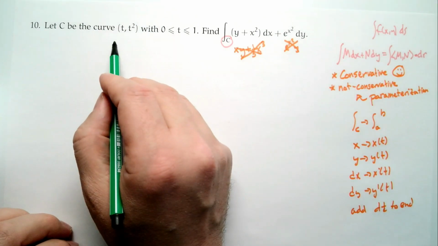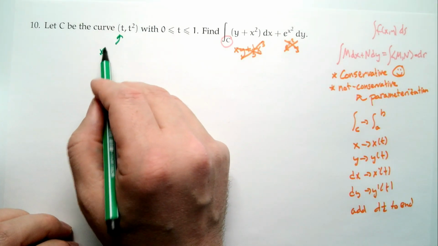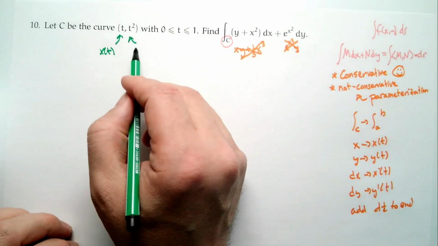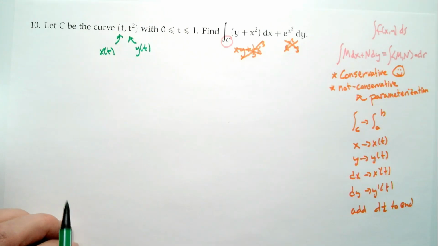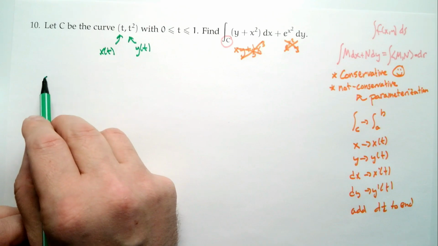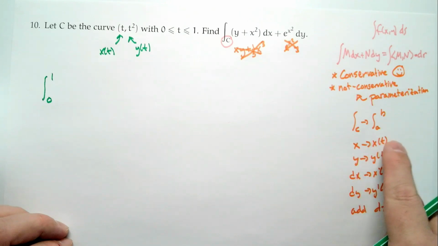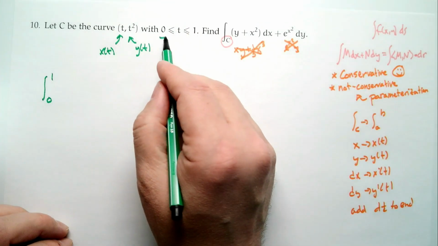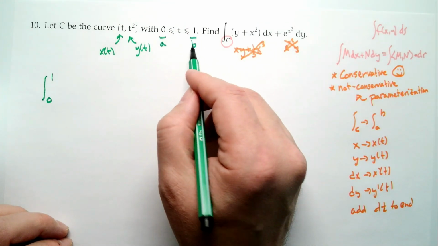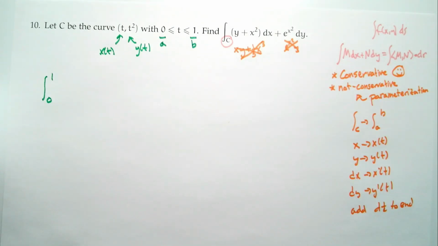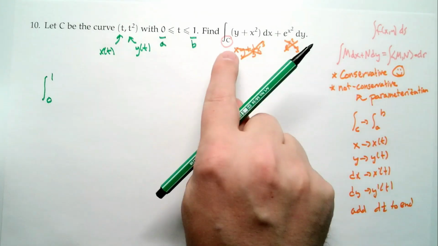So here, our x of t is t, and our y of t is t squared. So our integral becomes 0 to 1, because our integral over C becomes an integral with bounds. Our a and b are given to us in terms of where t starts and stops. Now we have y plus x squared.